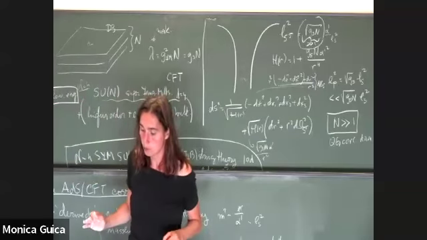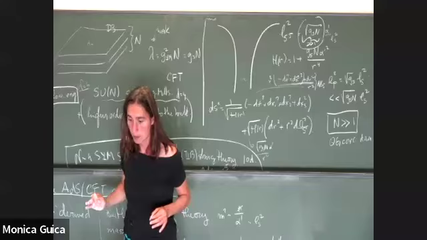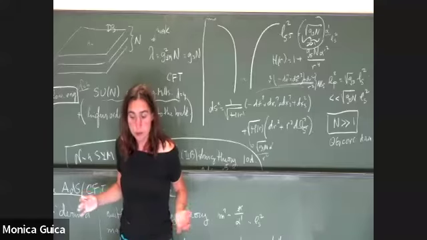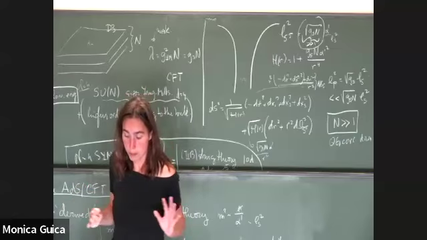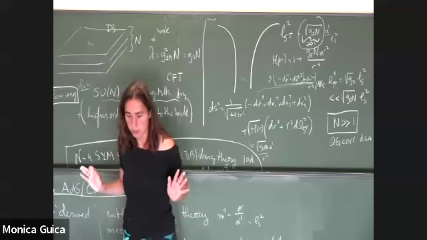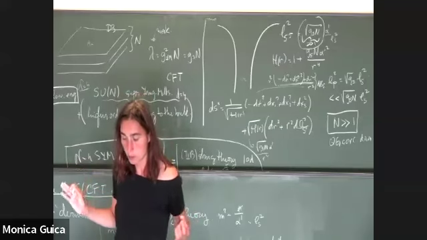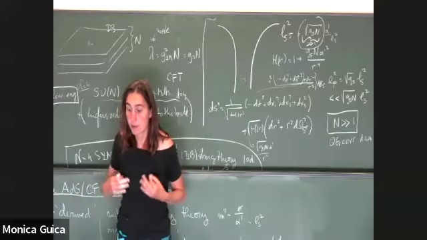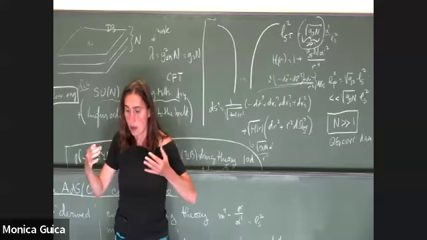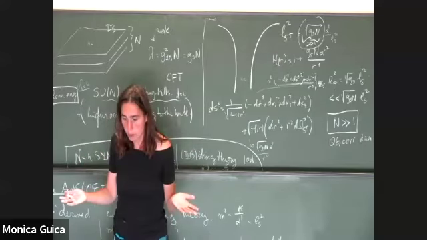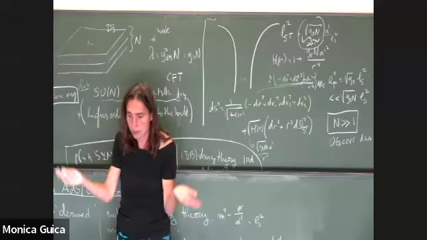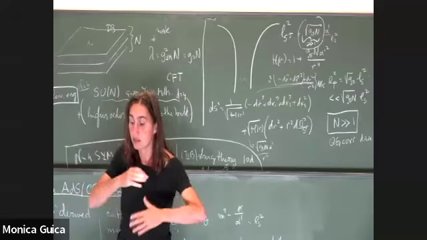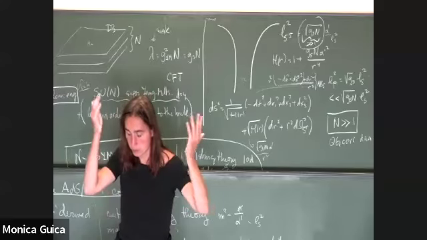That's really important in deriving the correspondence, and for flat space you simply don't have that. To me personally, and this might be a personal opinion not shared by the rest of the community, it's not clear whether a decoupling limit for flat space exists that would allow you to write a holographic correspondence in which gravity in flat space is rewritten as a theory without gravity that lives somewhere.